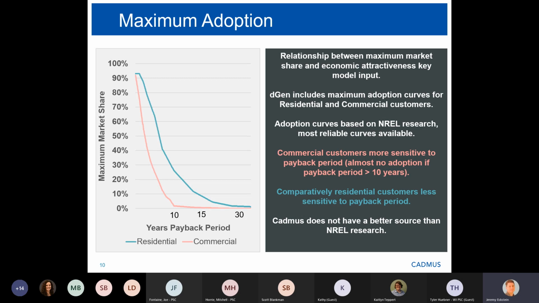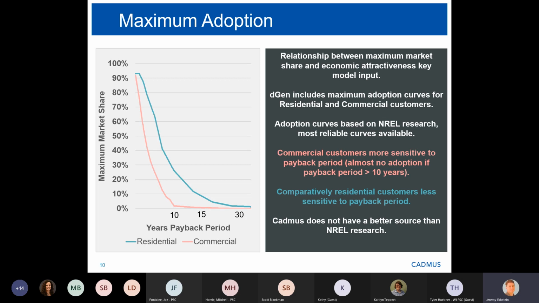Great. So I'm going to move on to our maximum adoption curves. The model doesn't strictly base the diffusion on payback, but it's an important input into the model. It's related to what the model assumes about the maximum market share or adoption based on payback period.